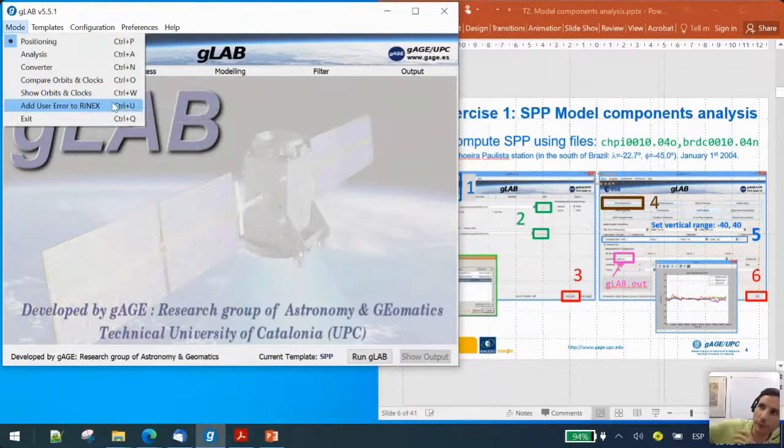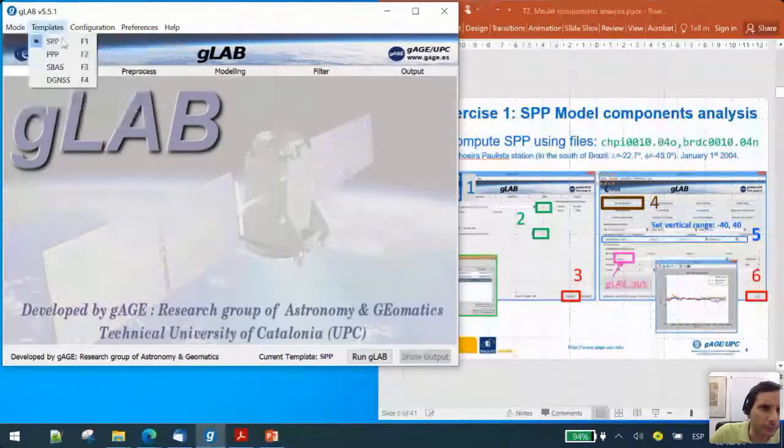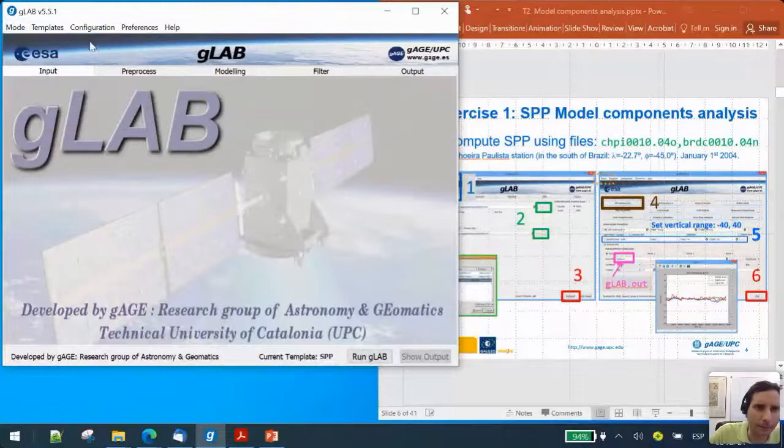So not only can we position an actual RINEX file, but we can inject errors into the data, and then we can see how this translates into the positioning, and then we can do some other experiments. But today, let's start at the beginning.